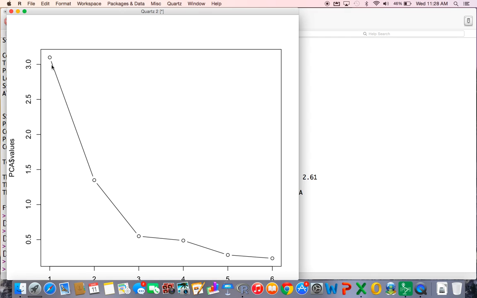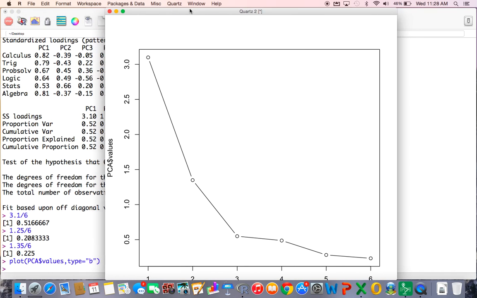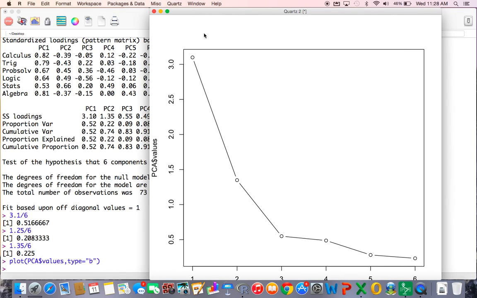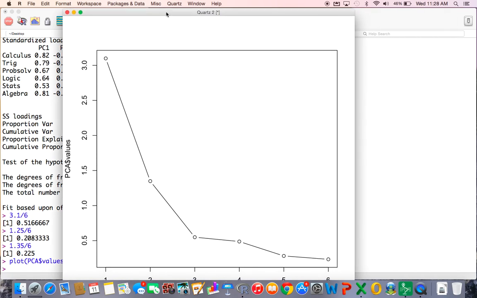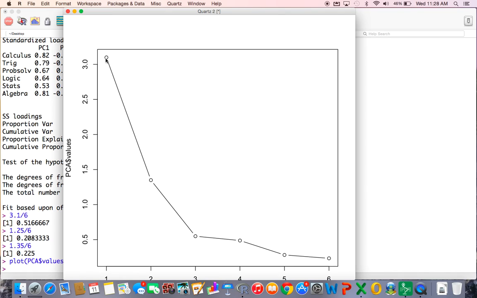All right, so I'm going to start right here at this point up here. And you can see that, again, these are nothing more than our eigenvalues: 3.1, 1.35, and so on and so forth. Now, if I start at my highest point and I come down to the first factor, notice my vertical move.